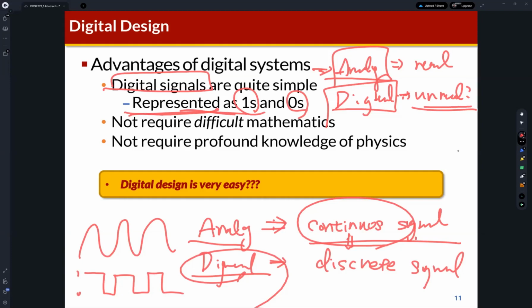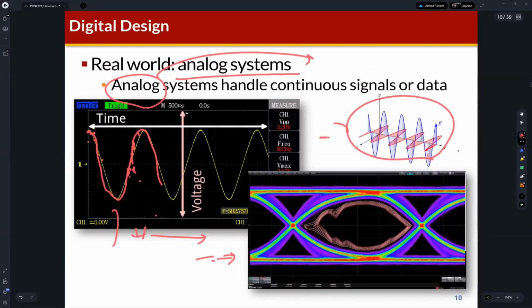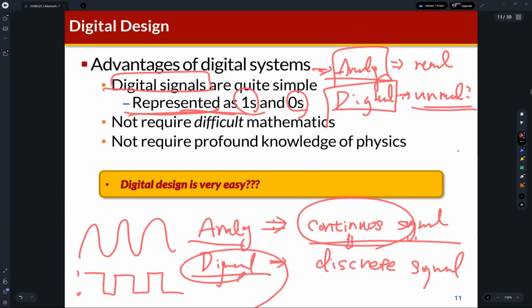So these analog signals need to be translated into digital signals, and then the digital systems handle these digital signals, right? And the digital signals are represented as ones and zeros only. Okay.